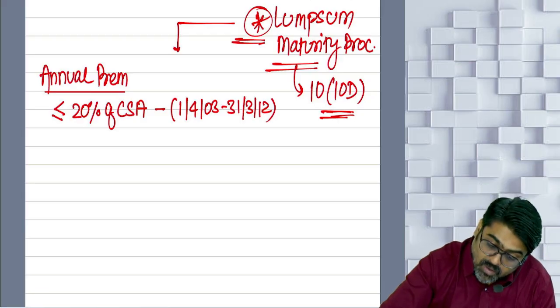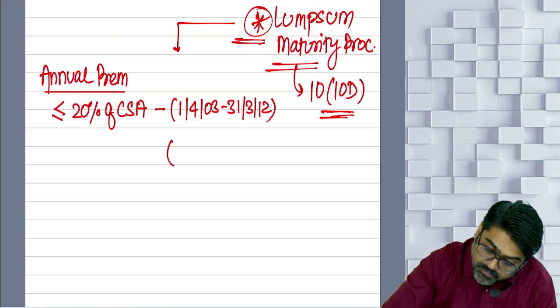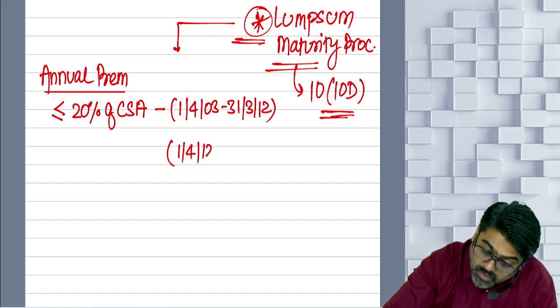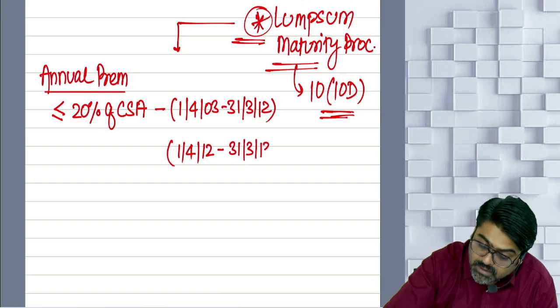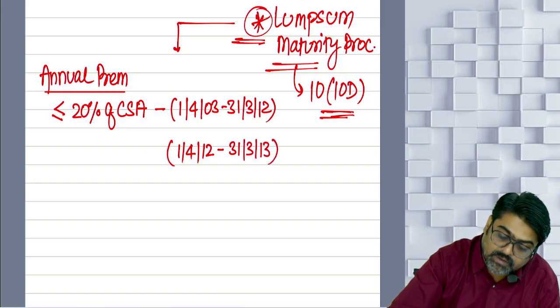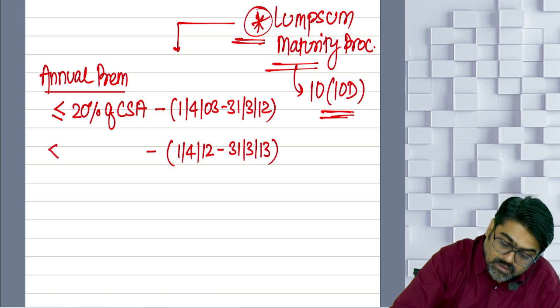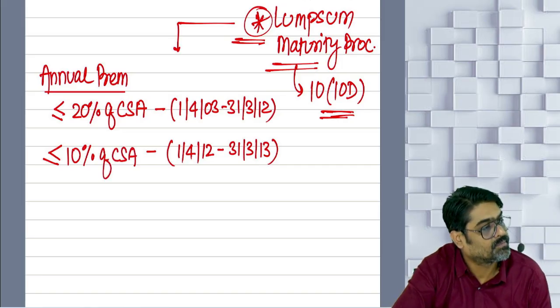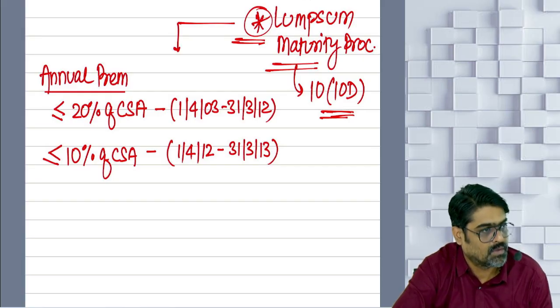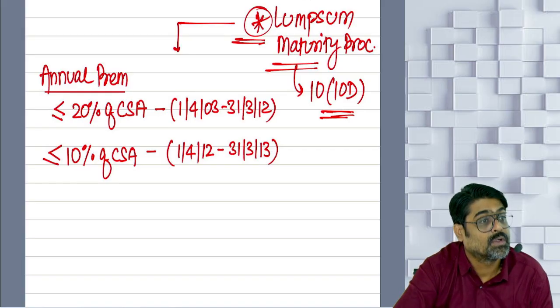But what if the policy was taken between 1st April 2012 to 31st March 2013? For these policies, the maximum annual premium should not be more than 10% of capital sum assured. 20% was a huge limit, so we have reduced this limit to 10%.